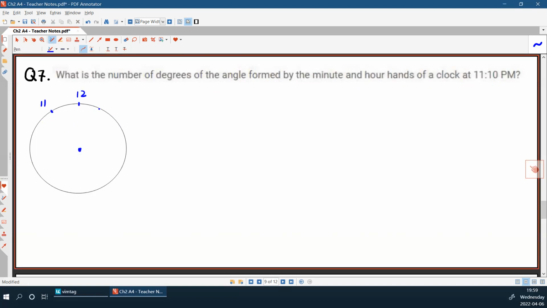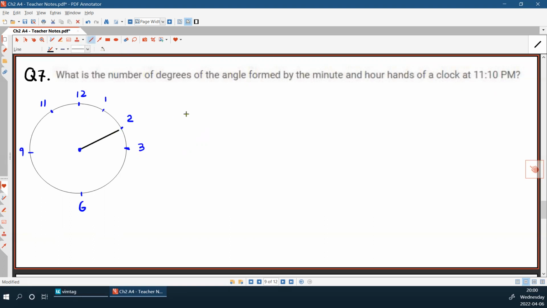And first of all, okay, first of all, where is the minute hand at 11:10? At 2.